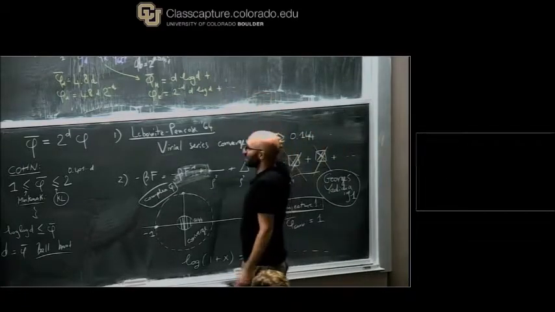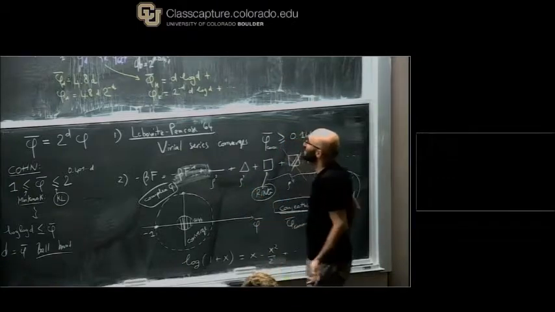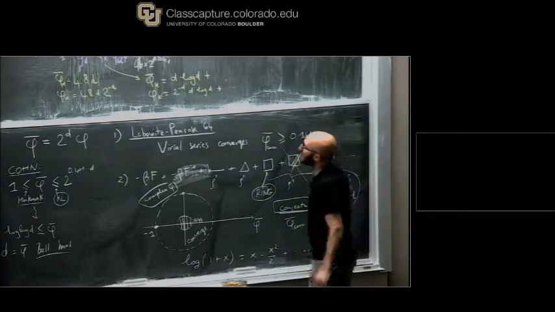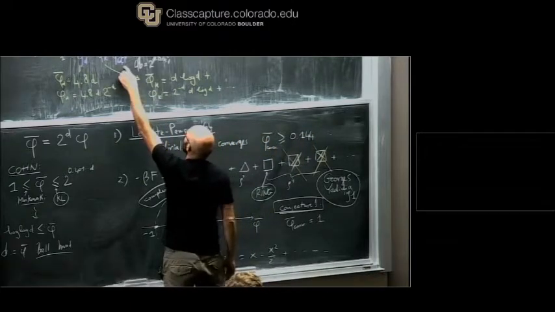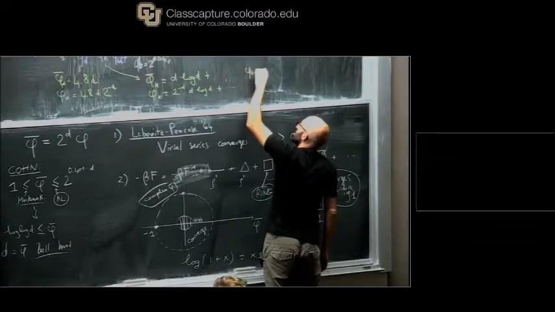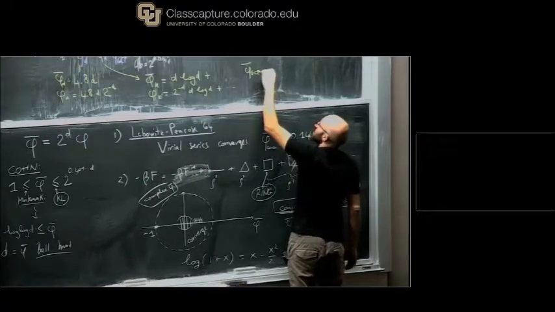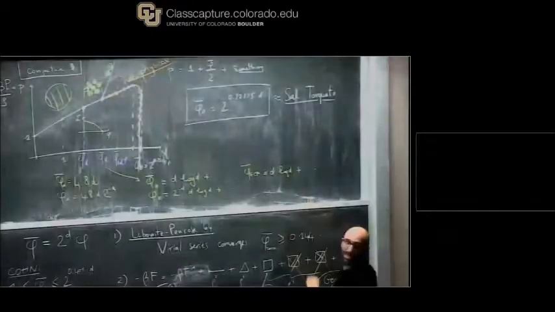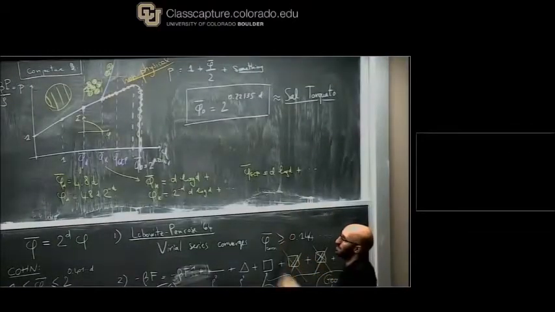This would also be nice. It's still a very small improvement, right? Still talking about logs. And then the phi GCP has exactly the same scaling. It's still d log d plus subdominant corrections that are a little bit bigger than phi k.